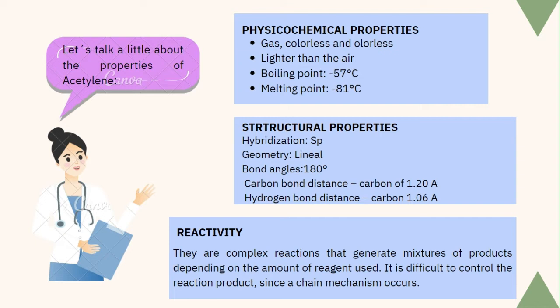Structural properties: hybridization sp, geometry linear, bond angles 180 degrees, carbon-carbon bond distance 1.20, carbon-hydrogen bond distance 1.06. Reactivity: they undergo complex reactions that generate mixtures of products depending on the amount of reagent used. It is difficult to control the reaction products since a chain mechanism occurs.